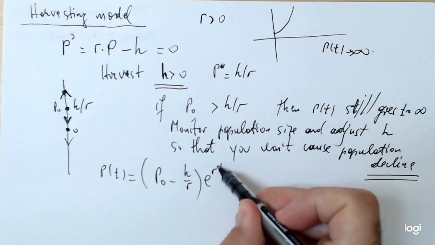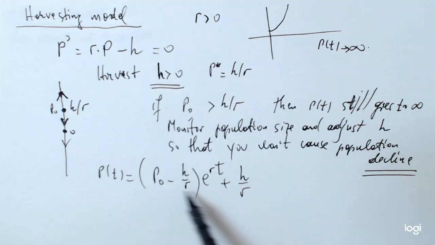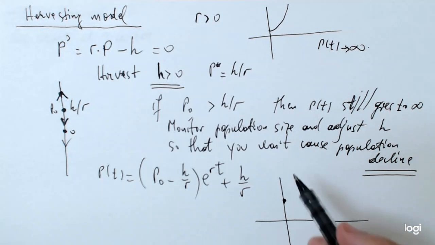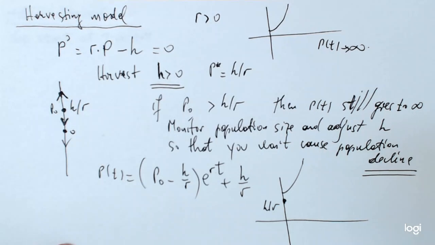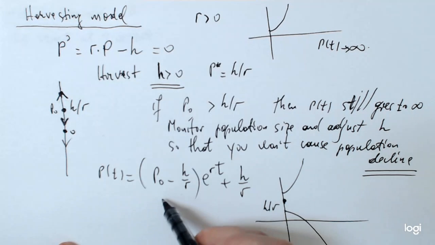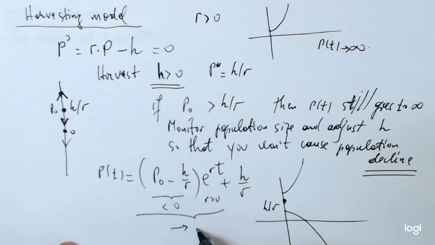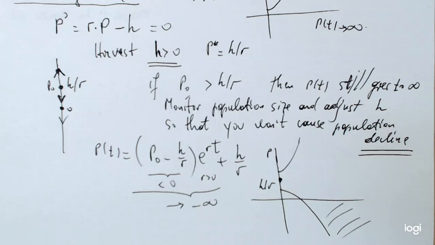The explicit solution of this equation is given by this, and if you sketch the full solution, if you start above that critical point h over r, the solution goes to infinity exponentially, but if you start below it, it doesn't just go to 0, it goes actually to minus infinity. So if this thing is negative, since r is positive, the overall limit goes to minus infinity. So it crosses into negative territory, and it predicts basically a negative population.